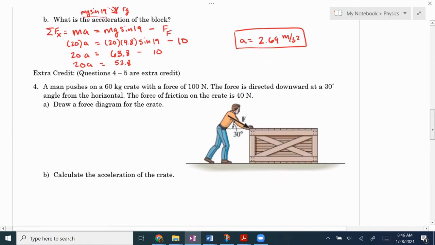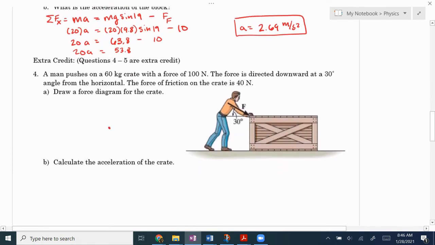So now we got the extra credit questions. This one's pretty similar to number 2, except that in this case, we have a man who pushes on a 60 kilogram crate. So we obviously have our force of gravity here. Somebody pushes on this with a 100 Newton force.